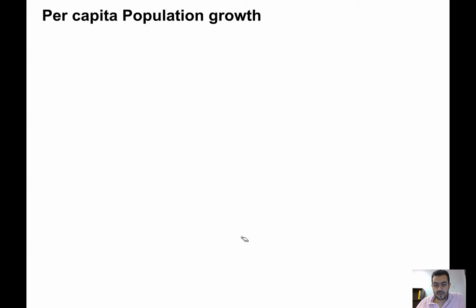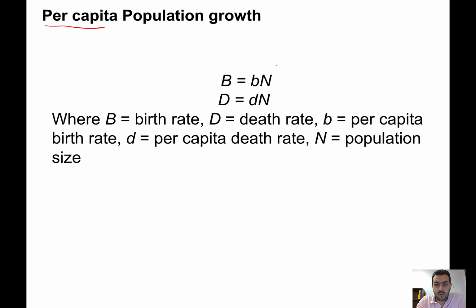So let's move on. The next concept is calculating the population growth per capita, and per capita means for each individual. So in this case, big B is equal to small b multiplied by N, and in the same way, big D is equal to small d multiplied by N. So this small b and this small d are the per capita rates.